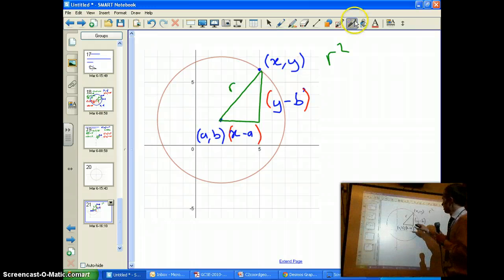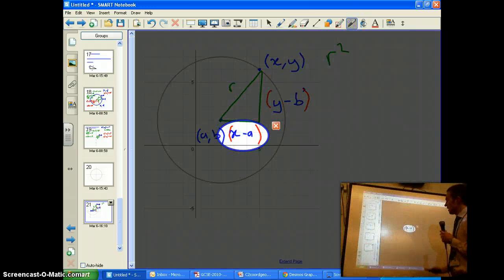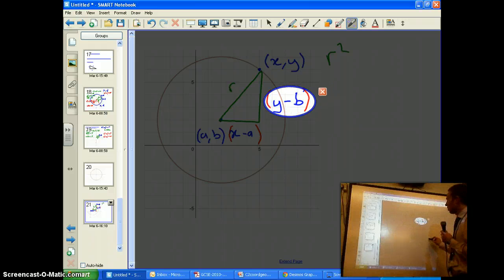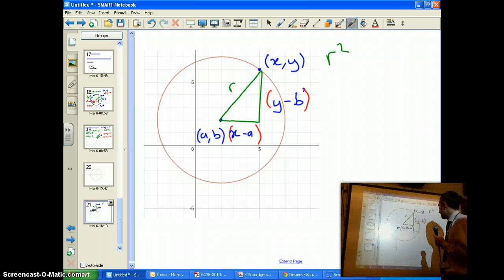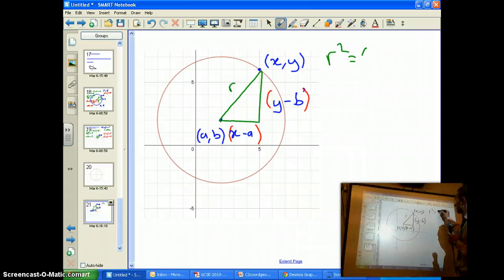So r squared equals x minus a squared plus y minus b squared. I can just plug that back into my equation.